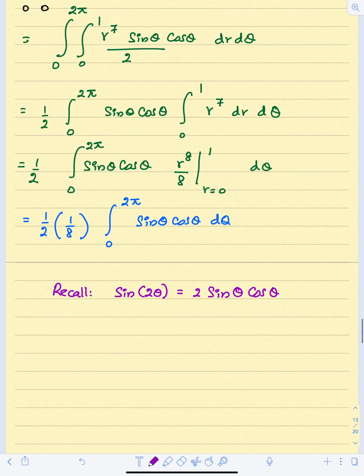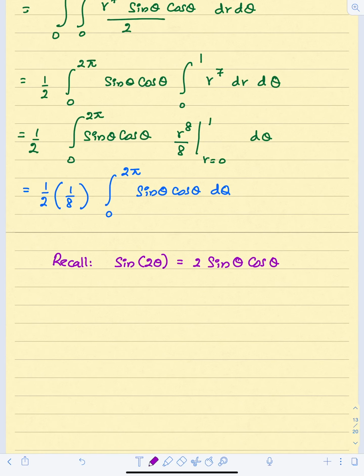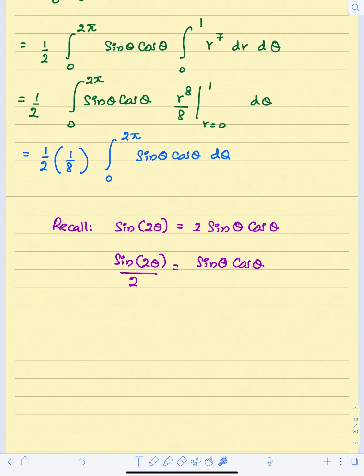Therefore, instead of sine theta cosine theta, we can write sine 2 theta over 2. So basically we can express this integrand as sine 2 theta over 2: 1 over 16 times the integral from 0 to 2 pi of sine 2 theta over 2 d theta.